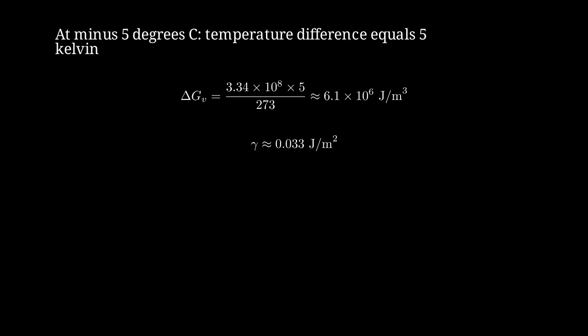The surface tension between ice and water is approximately 0.033 joules per square meter. Therefore, the critical radius equals 2 times 0.033 divided by 6.1 times 10 to the 6, which gives approximately 1.1 times 10 to the -8 meters, or 11 nanometers.